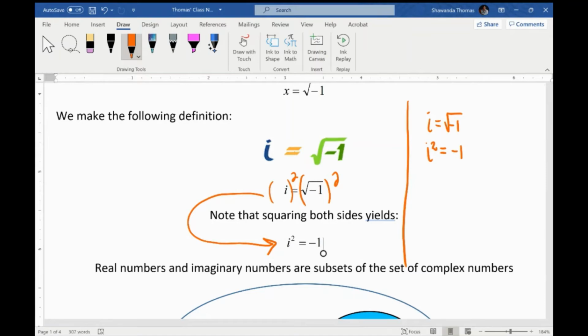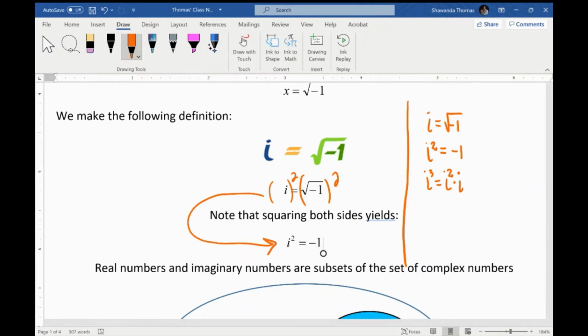But we can even go further than that. Let's say I ask you, what is i cubed? We can use what we know about i and i squared. Would you agree that i cubed is the same thing as i squared times i? Yes.